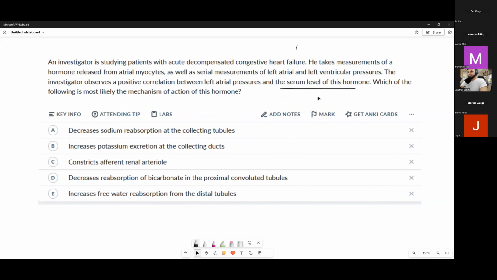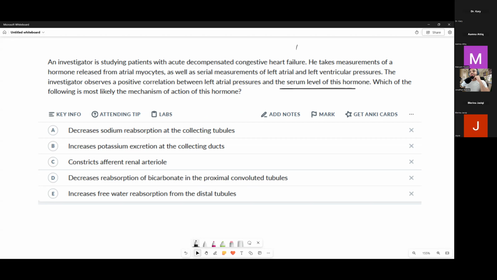So they're asking about the mechanism of action. Option A: decreases the sodium reabsorption at the collecting tubule. Okay. Increases the potassium excretion at the collecting duct.